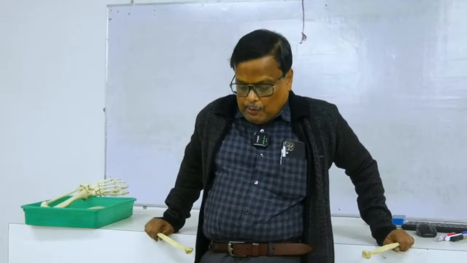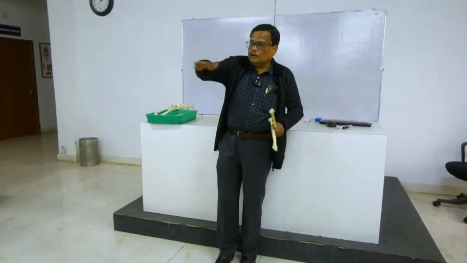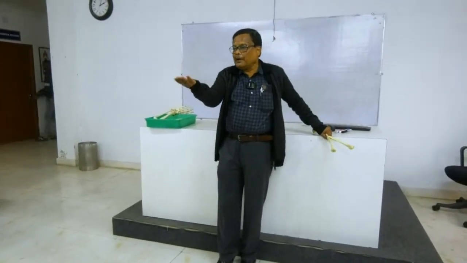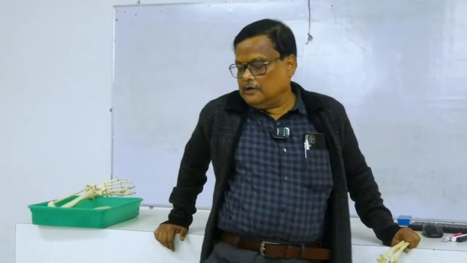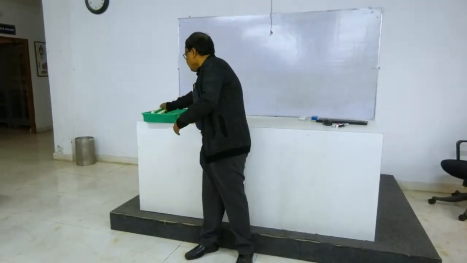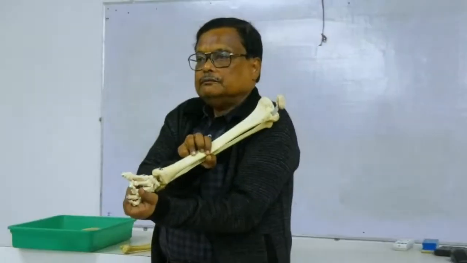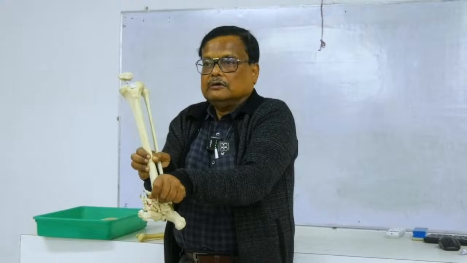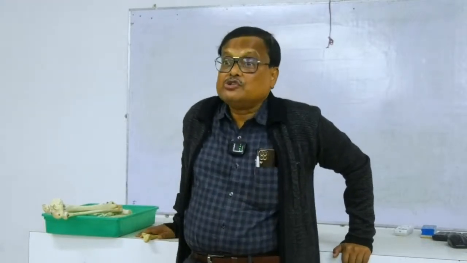These muscles are important for eversion of the foot. In the hand there is supination and pronation. Similarly, in the foot there is inversion and eversion. And peroneus longus and brevis act as important muscles for eversion.